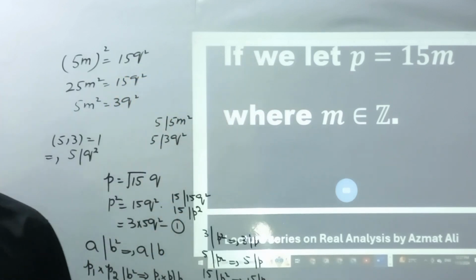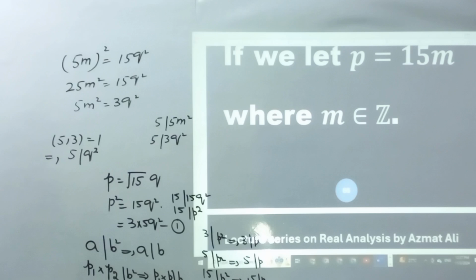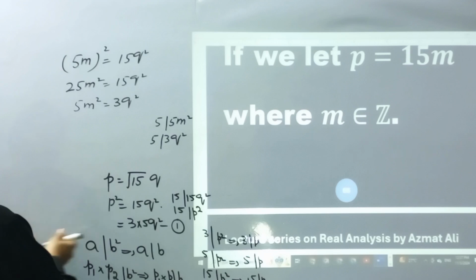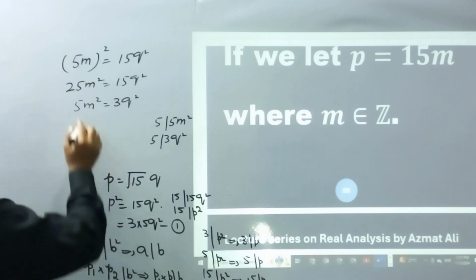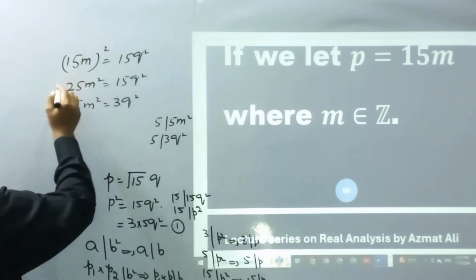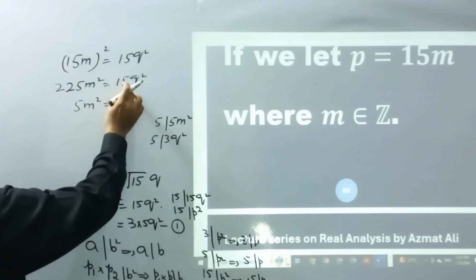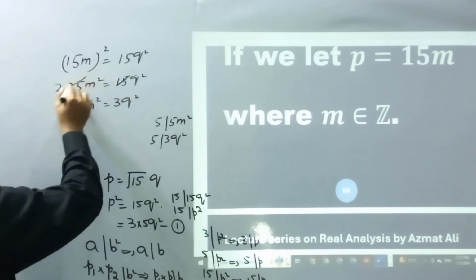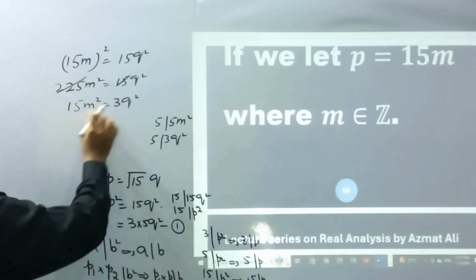Substituting the value of p, this will give us 15m square, 225m square. By cancelling with 15, this will become 15m square.